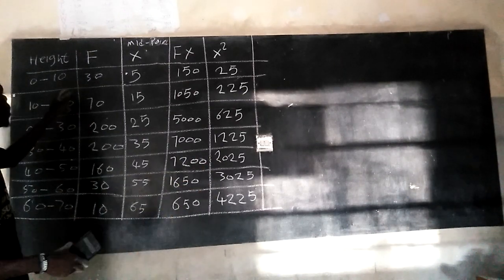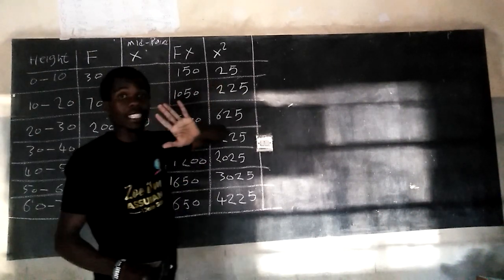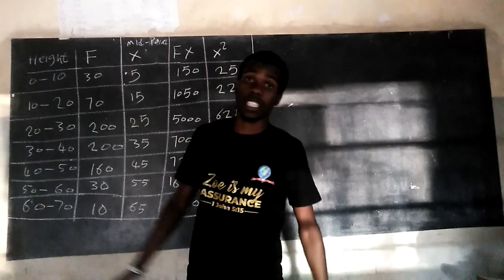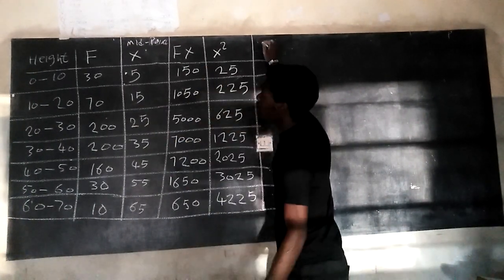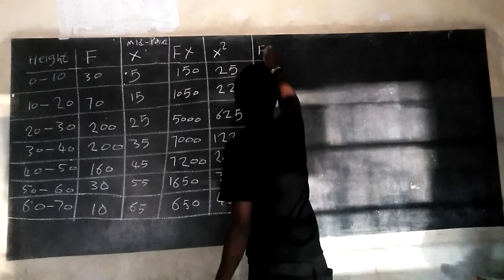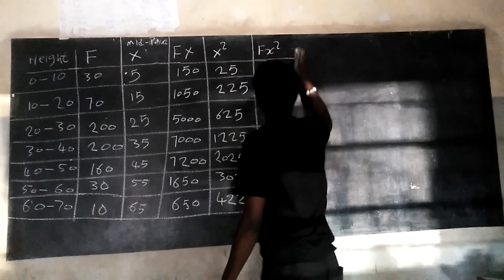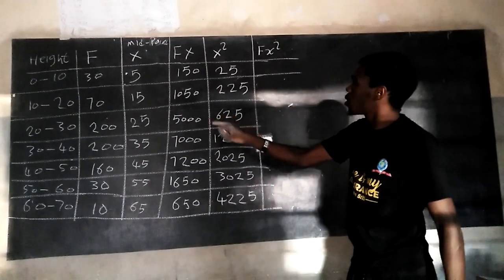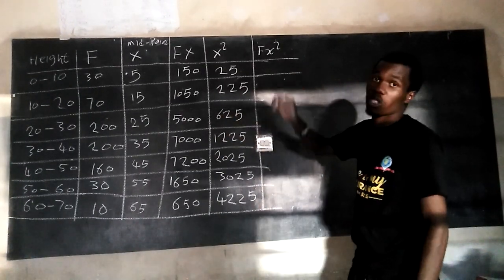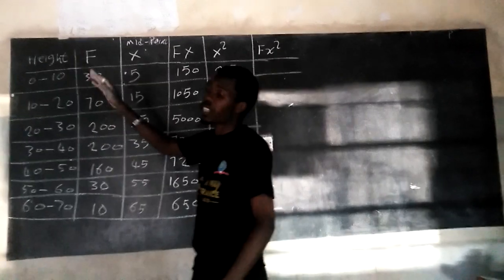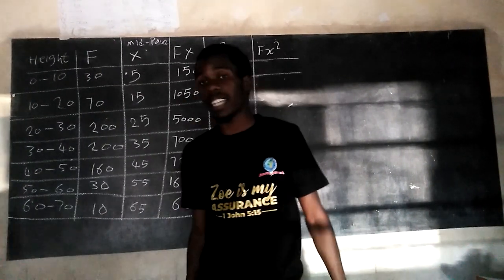So we're remaining with 1, 2, 3, 4, 5. Remember what I said, that we're supposed to come up with 6 boxes. The remaining, last one is fx squared: 1, 2, 3, 4, 5, 6. You're supposed to have a box with 6 quantities inside.